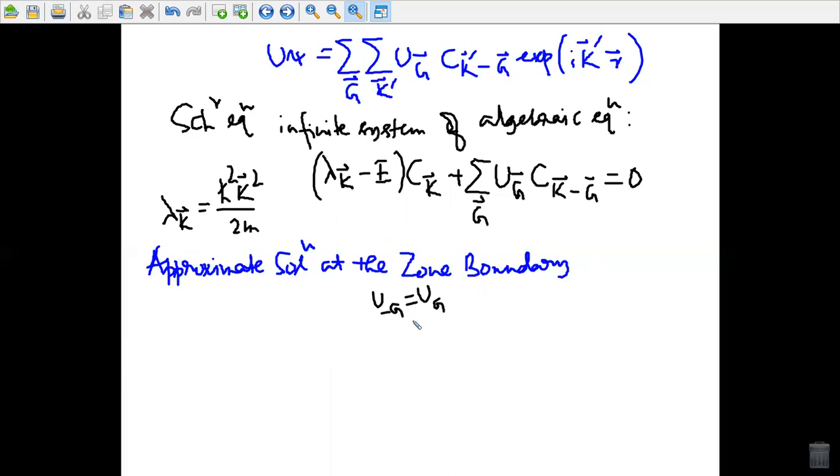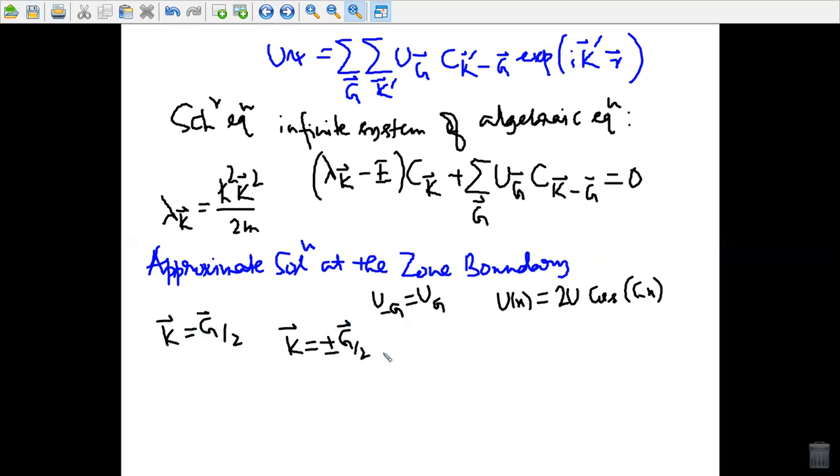Thus, the one-dimensional potential has the form U(x) equals twice U cosine Gx, and we consider the solution at the zone boundary, that is the vicinity of k equals G by 2. The kinetic energy is then the same for k equals plus minus G over 2.